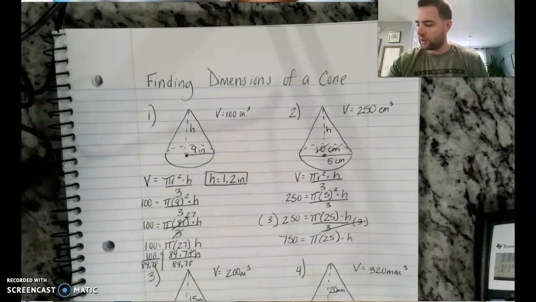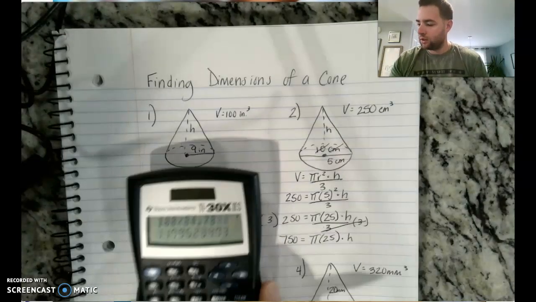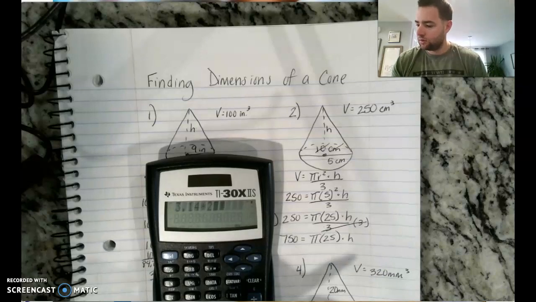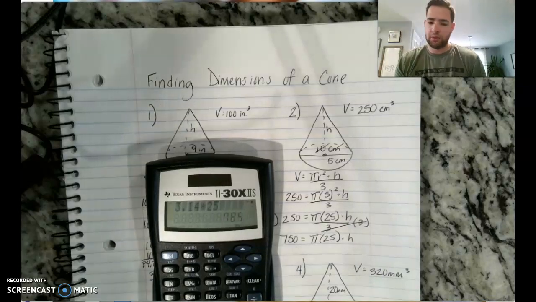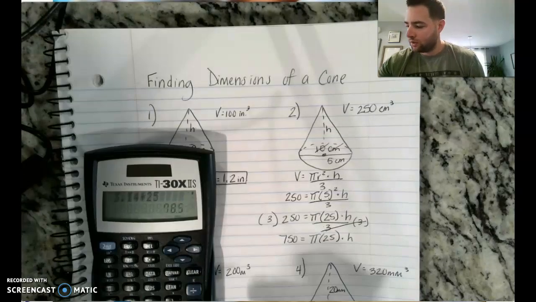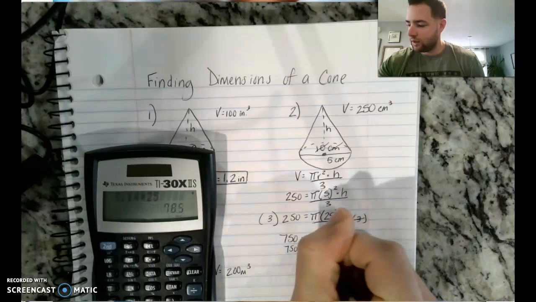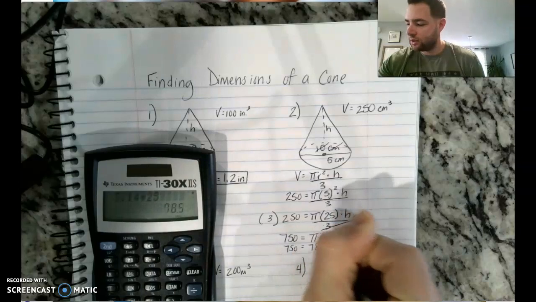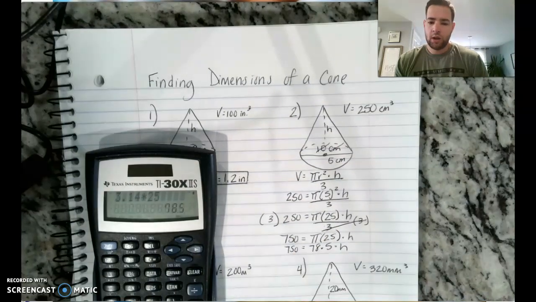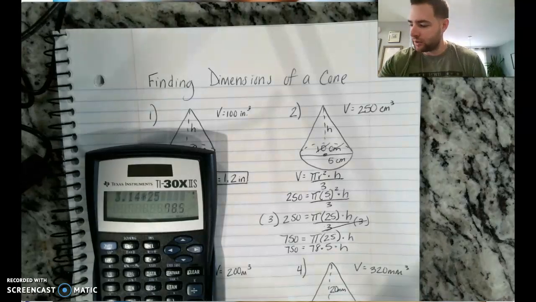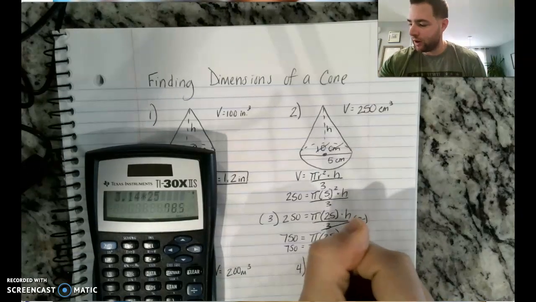So in our calculator, we're going to do 25 times 3.14, or 3.14 times 25. We get 78.5. So I have 750 equals 78.5 times h. And then our last step to get h by itself, just like in the first example, I'm going to divide both sides by 78.5.